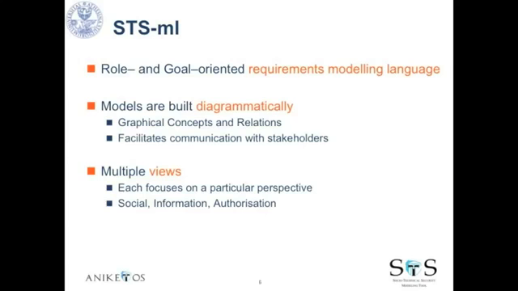We have graphical concepts and relations, which I'll introduce throughout the talk. And this kind of language, being graphical and having diagrams built to express the security requirements, is also helpful because it facilitates the communication with the stakeholders.